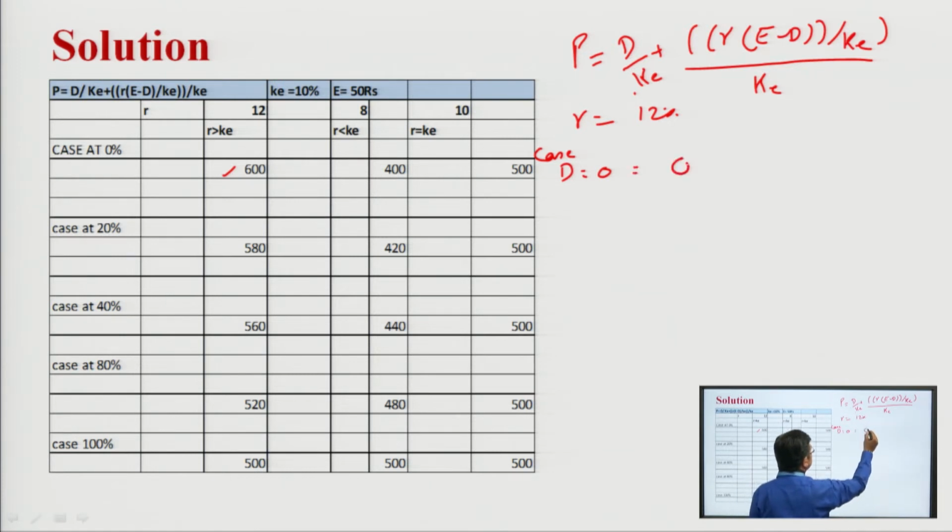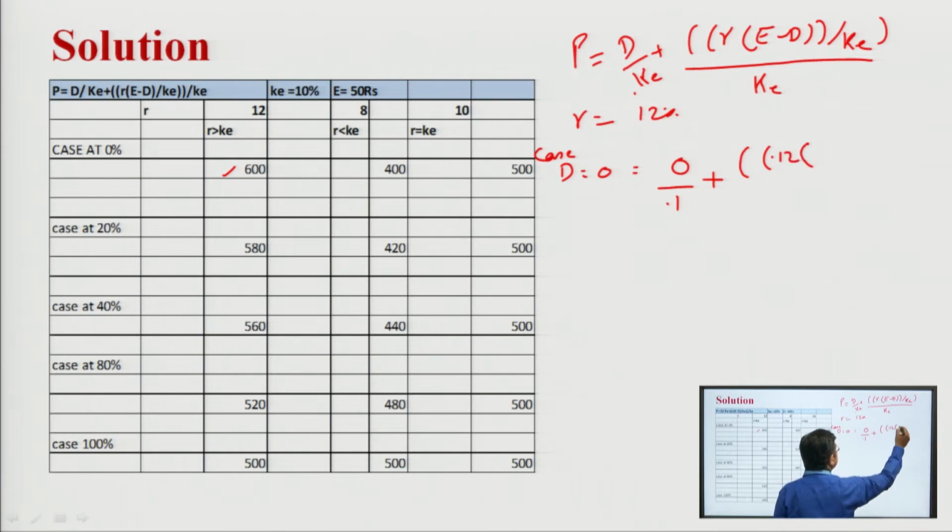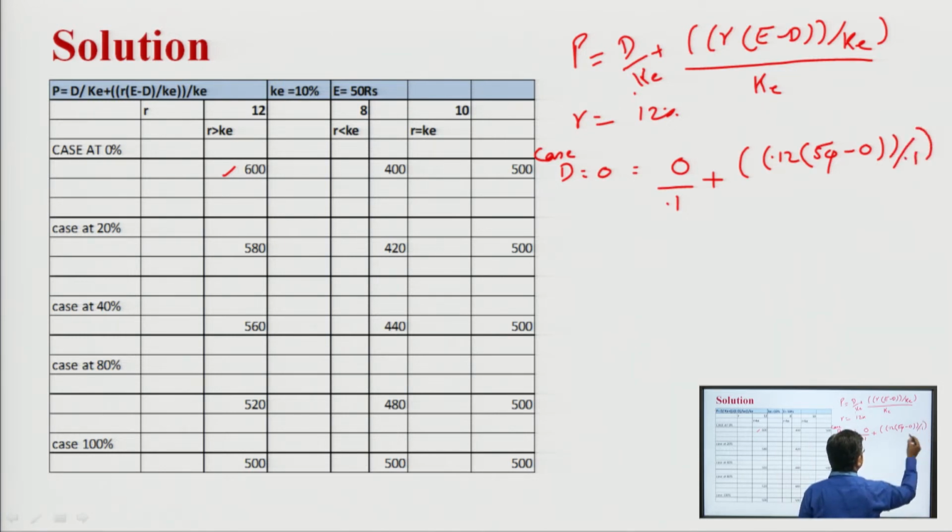So, put D equals to 0, K E 0.1 because it is 10%, plus R is 12%, 0.12, earning is 50, dividend paid is 0, divided by 0.1, whole divided by 0.1.